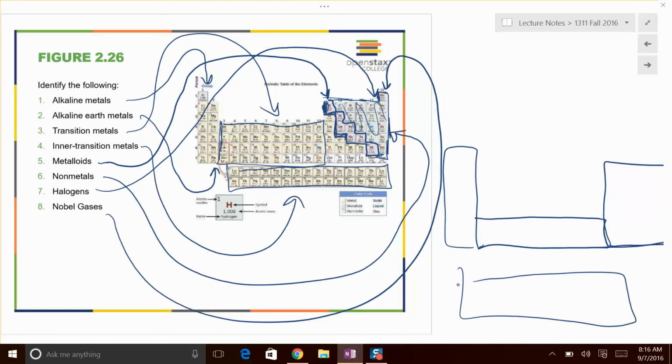Everything under those, that's the second group. And then you have your metals in the middle. Those transition metals right here, that is another group. And down here, this is your last group. These groups have names or letters, I guess initials. S, P, D, and F.